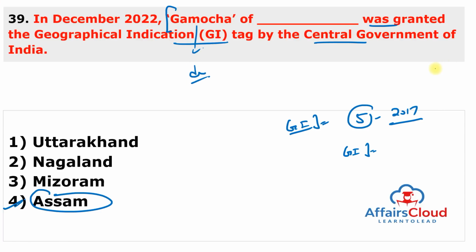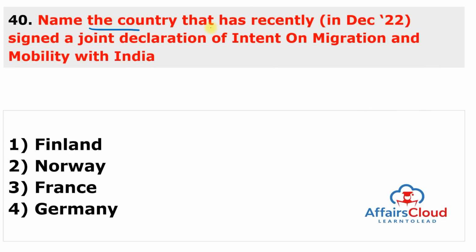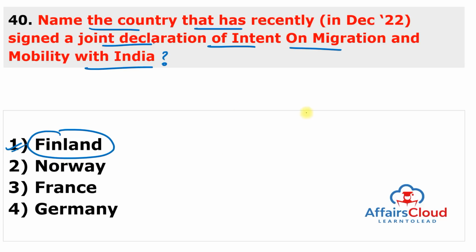Moving to next question. Name the country that has recently signed a joint declaration of intent on migration and mobility with India. And this country is Finland. Answer of this question is 1. So India and Finland have signed a joint declaration of intent on migration and mobility in order to reach a mutually beneficial agreement on migration and mobility.